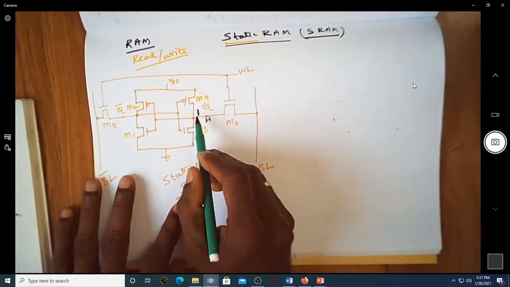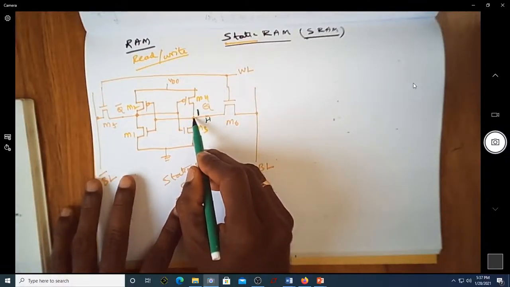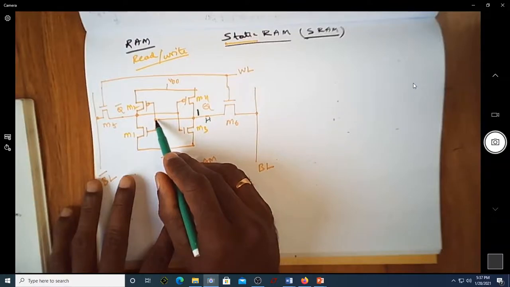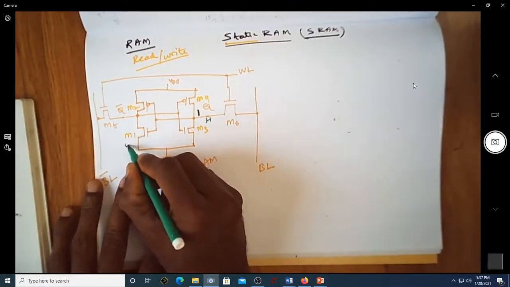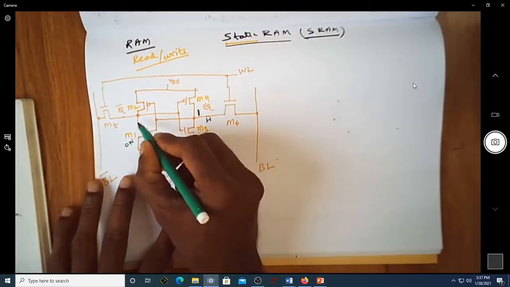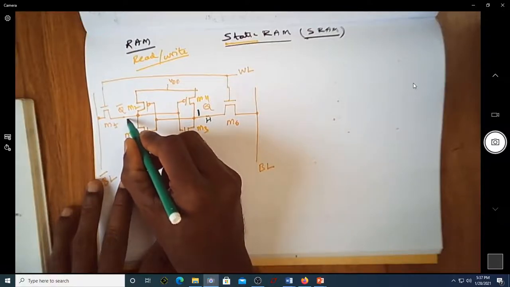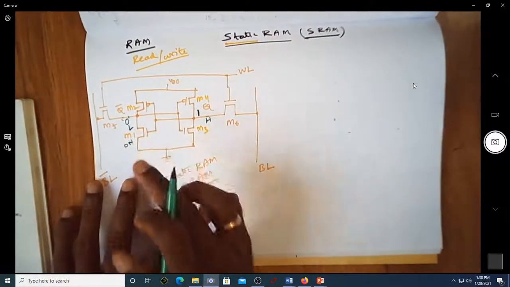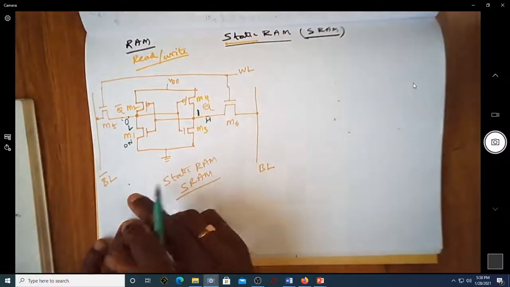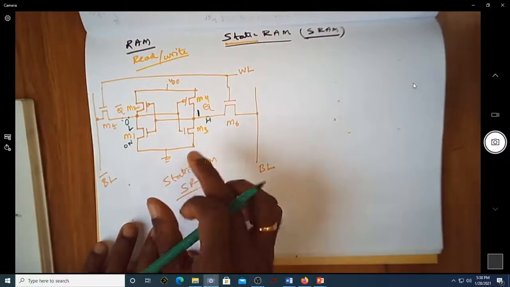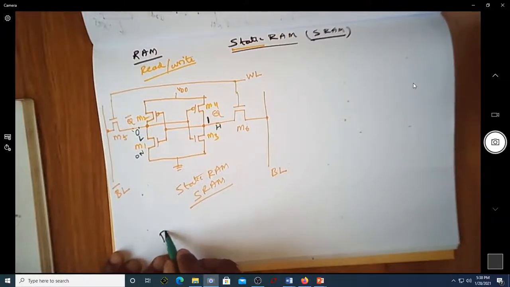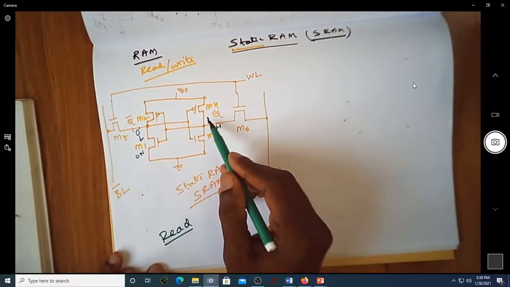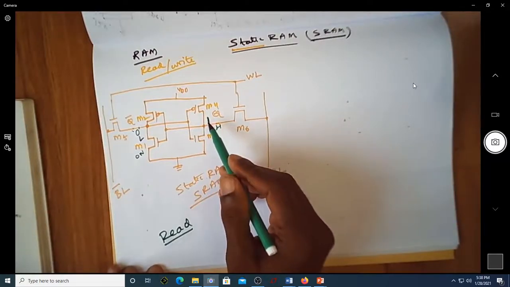Naturally, when this is logic 1, that 1 is fed to this, then this transistor is on, and this transistor is on, we know that the voltage here will be 0 volt, or you will have a low logic stored here. So let us try to read the value of 1 that is stored in this particular transistor.